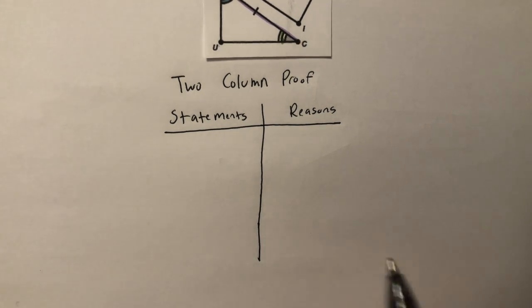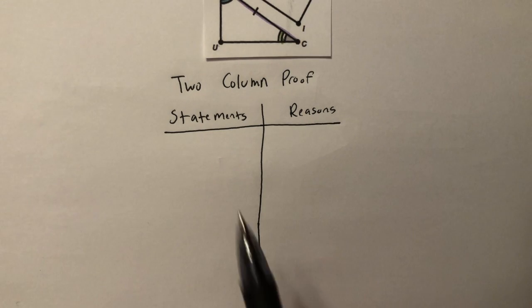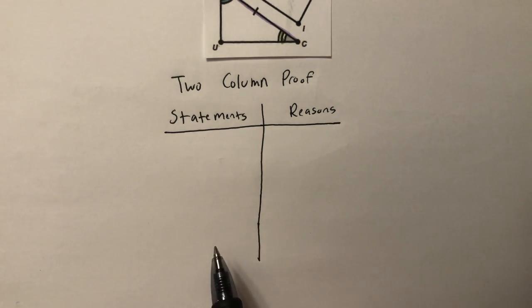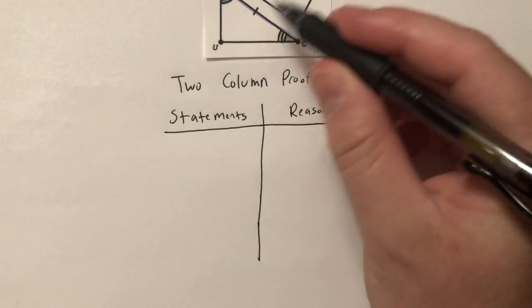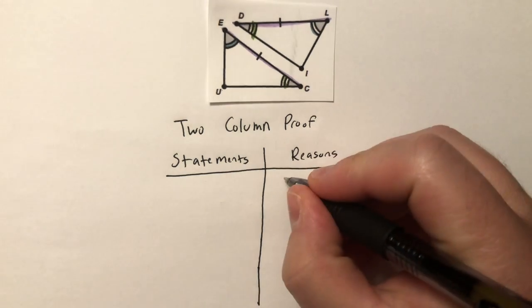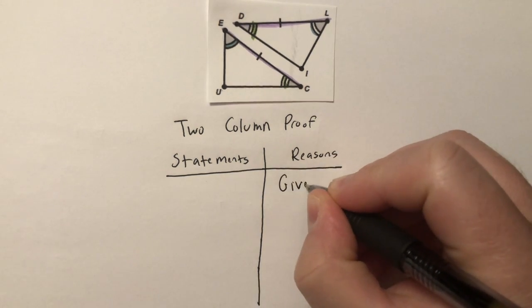But ideally, to connect from the flowchart proof, the statements are the congruent statements, and the reasons are why those different parts are congruent. So for example, in this picture above, all these different pieces have already been pre-marked. That means they were already given to us. So we would say that they are given.